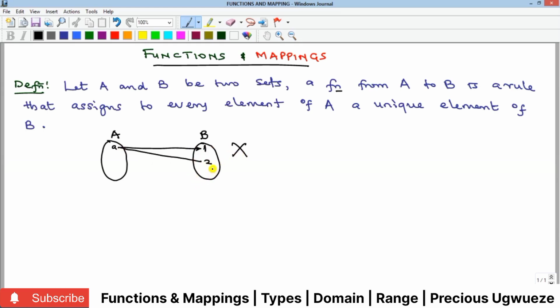But that doesn't mean that two elements in A cannot be mapped to one.